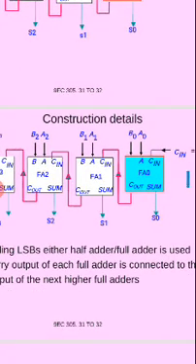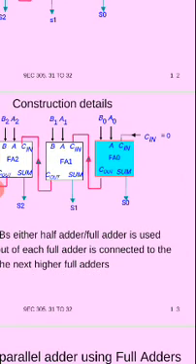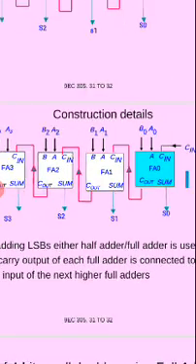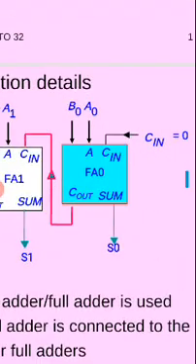Here Cin is 0 in this diagram. Cin is 0 means what? It is a full adder, but one input is grounded, means it acts as half adder which has 2 bits only, A0, B0.